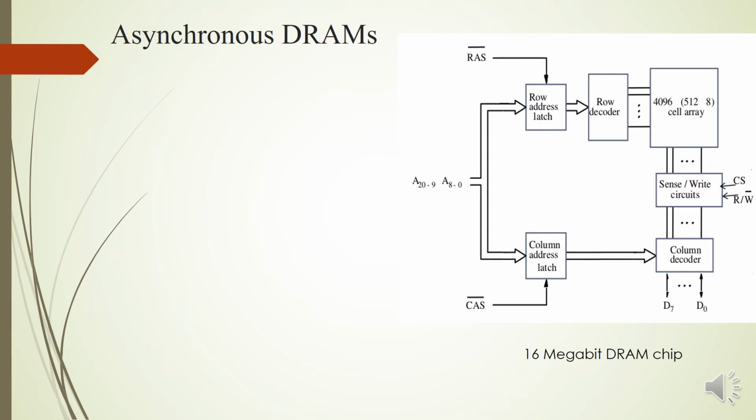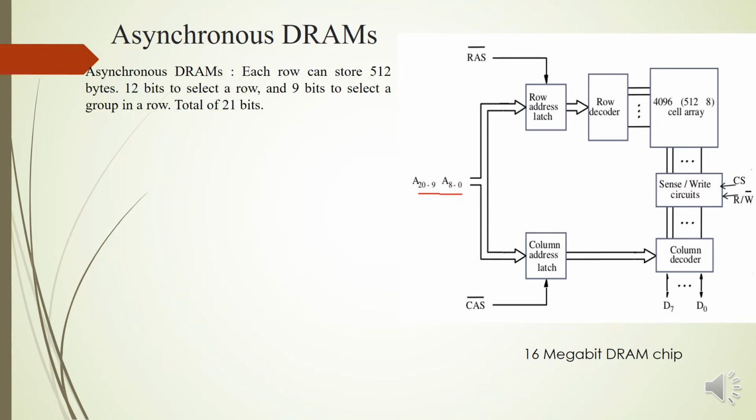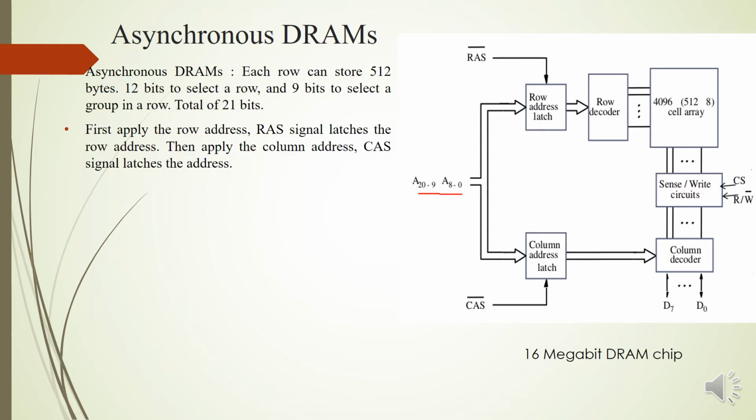To address this memory array, a total of 21 address lines are required, designated A0 to A20. A0 to A8 are given to the column address latch, and A9 to A20 are given to the row address latch.